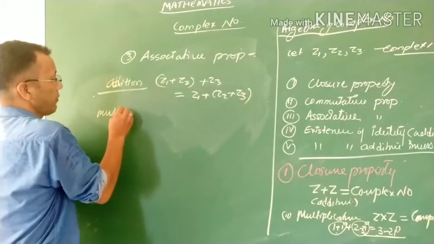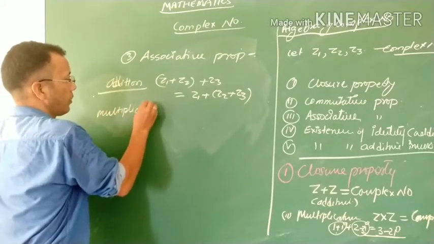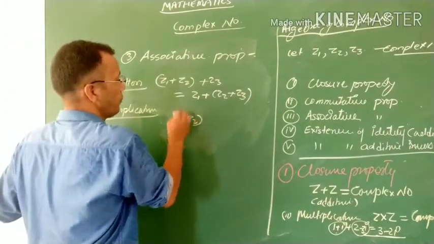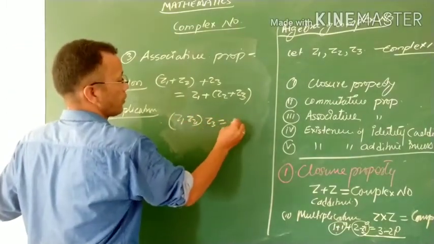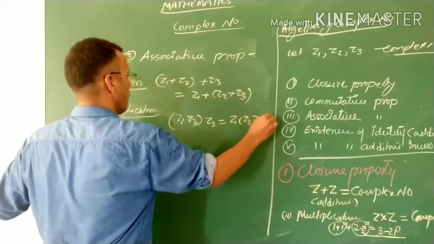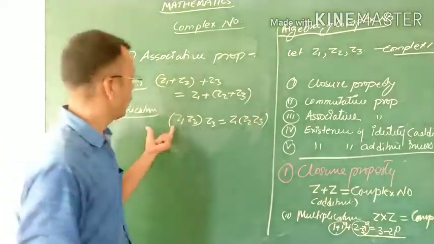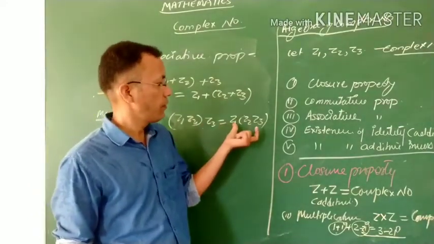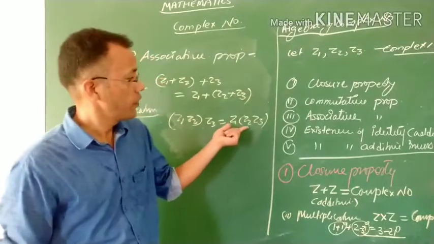I am just writing this as multiplication: Z1 into Z2 into Z3 is equal to Z1 into Z2 into Z3. That means first multiply Z1 and Z2, then Z3, and the same thing, first multiply Z2, Z3 and then Z1.